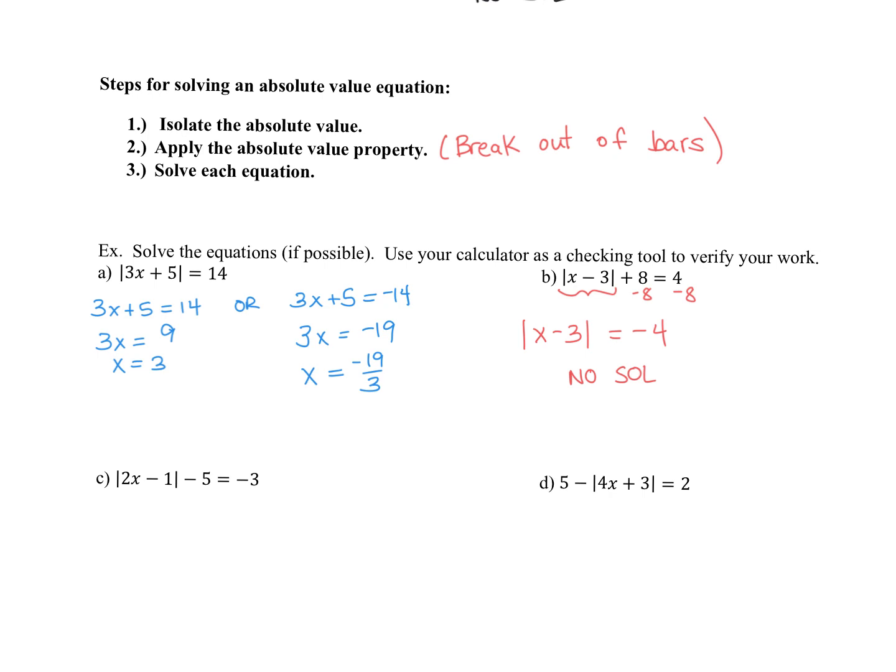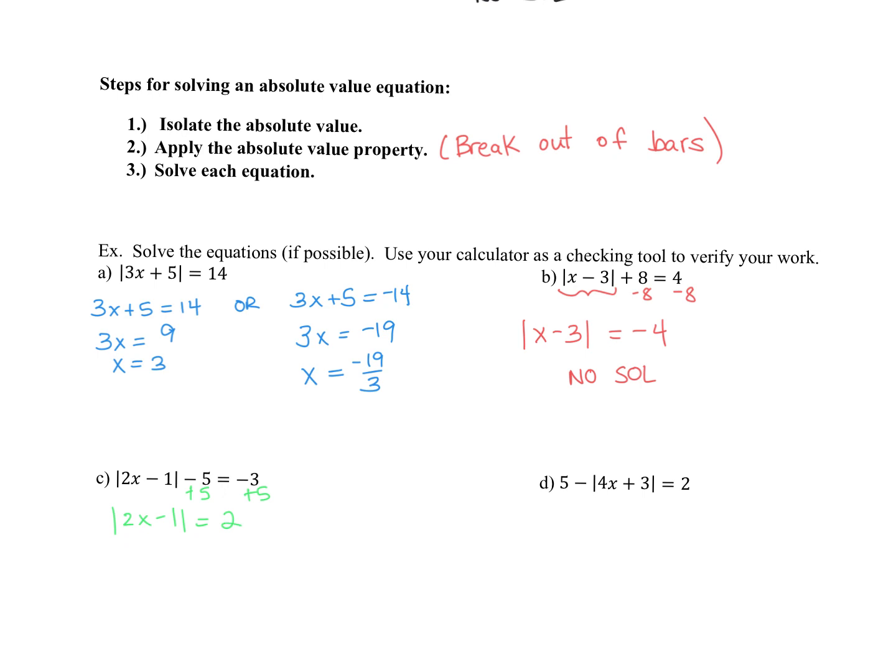And it's important to make sure before you break this up that you make sure that it's just an absolute value equaling some number. For example, on this third one, if we were to immediately say 2x minus 1 minus 5 is negative 3, and then 2x minus 1 minus 5 is positive 3, we would have an error. We need to make sure that we take the absolute value and get it all by itself. So in this case, the absolute value of 2x minus 1 equals 2.